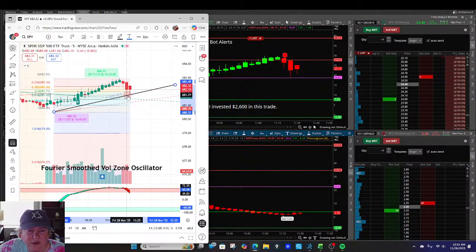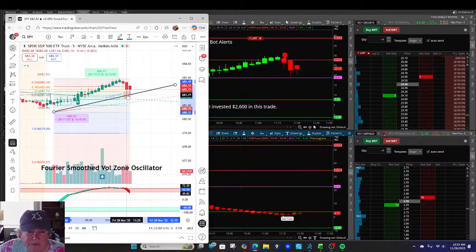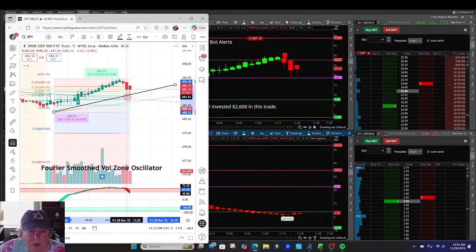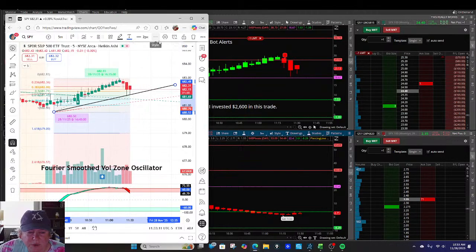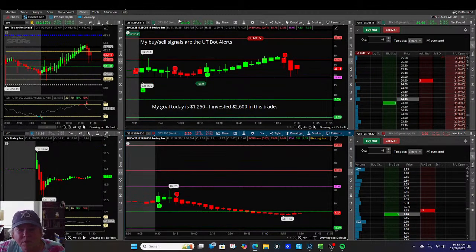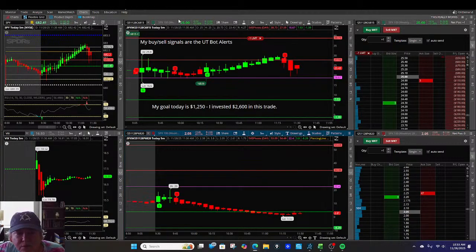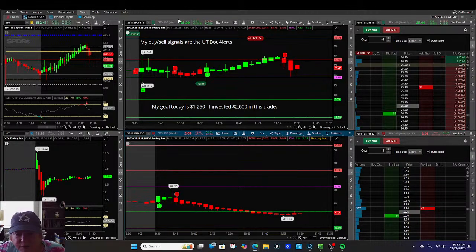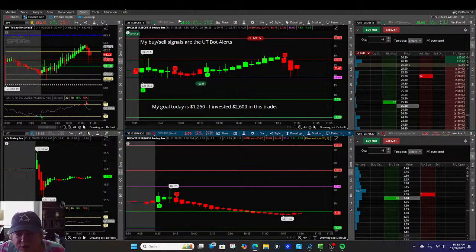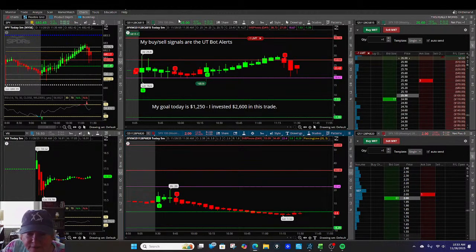So now it should bounce off the trend line and head up. So we'll see how this one does. My goal today is $1,250, and I've invested $2,600 in this trade.